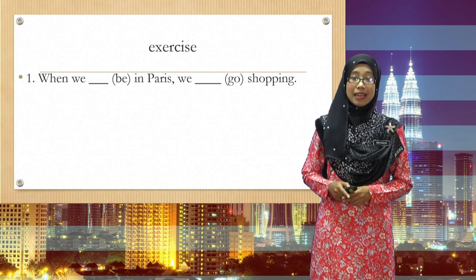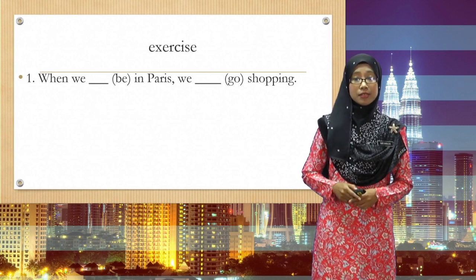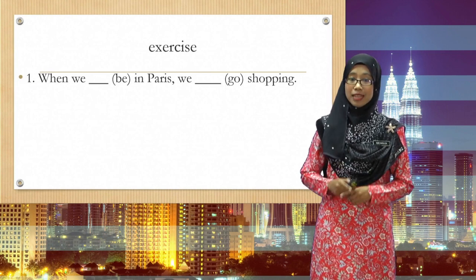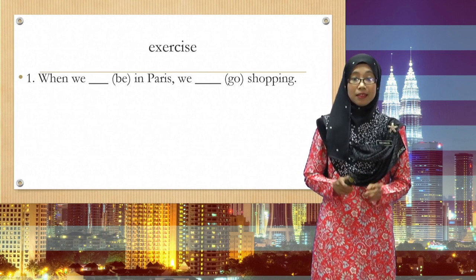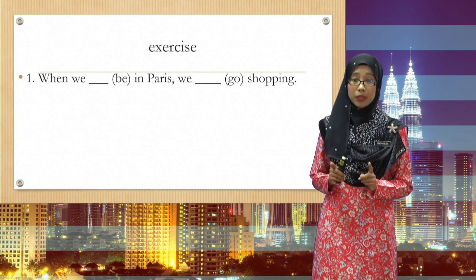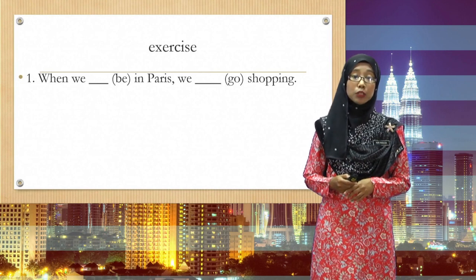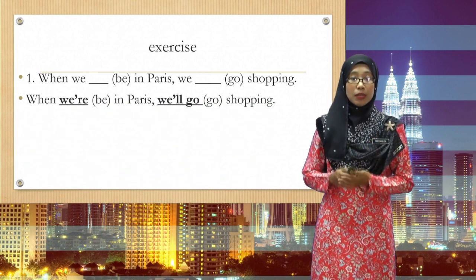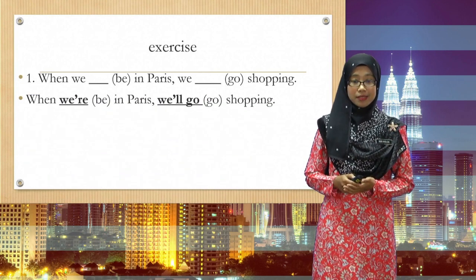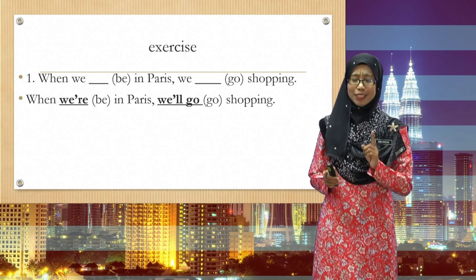The answer is like this. When we're in Paris. For the second part of the sentence, the answer is will go shopping. It is a prediction of what you will do when you are in Paris. Can you understand that? Okay, good.